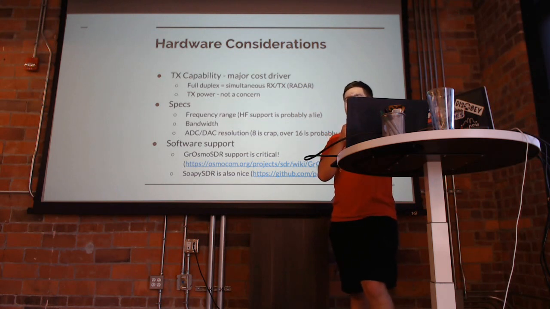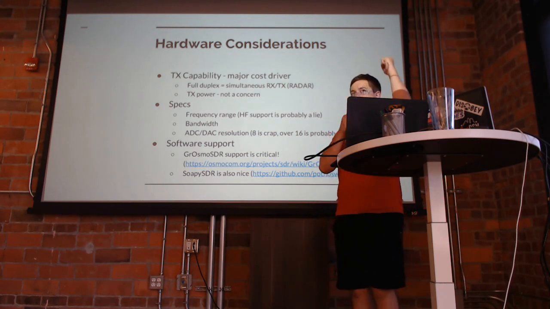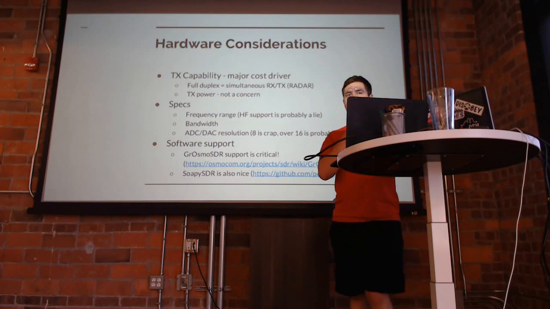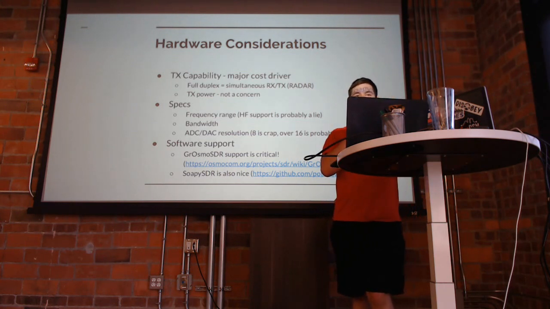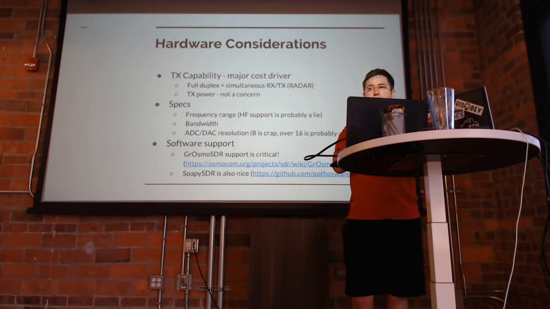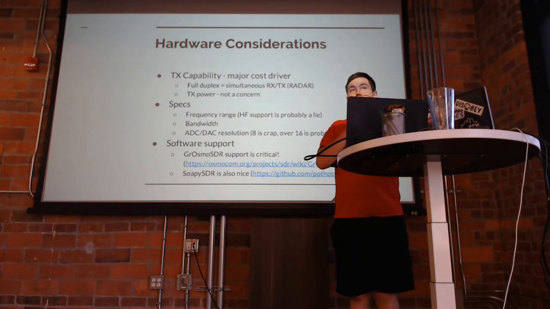So if you see a Kickstarter advertising a 32-bit ADC, they're probably lying to you, because that gets into the realm of insane high-level RF engineering to actually get anything meaningful from that. So the 12-bit is common, 16-bit's pretty good. 8-bit, like the HackRF transmit is only 8-bit, and it can cause problems because it's just low resolution.